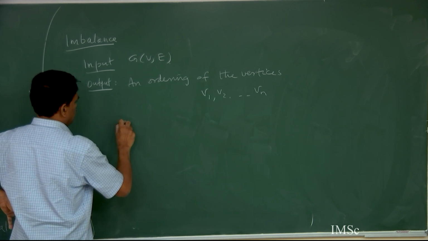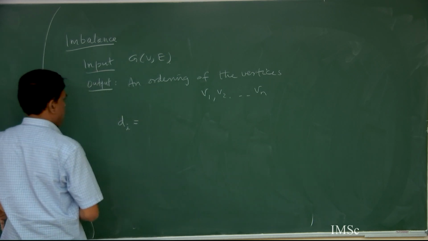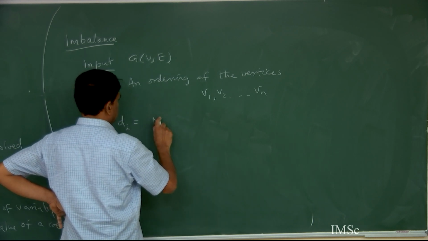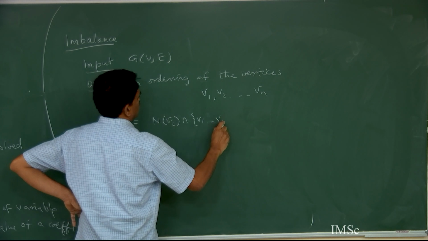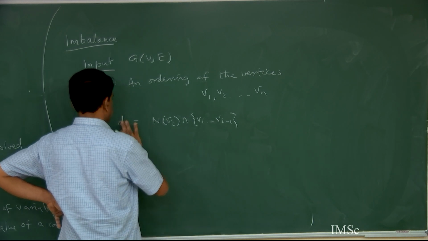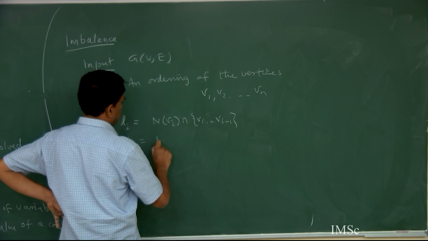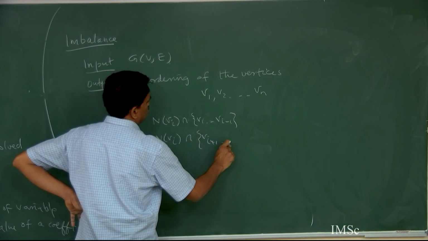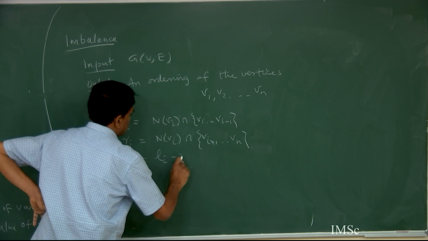For vertex Vi, define L(i) to be the neighborhood of Vi intersected with V1 to Vi minus 1, and R(i) to be the neighborhood of Vi intersected with Vi plus 1 to Vn, and d(i) to be L(i) minus R(i).